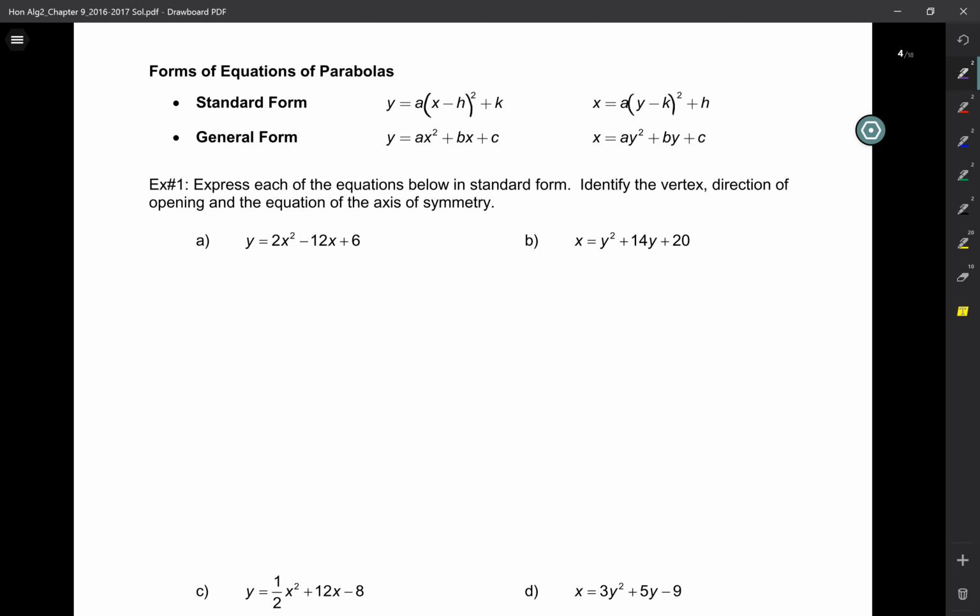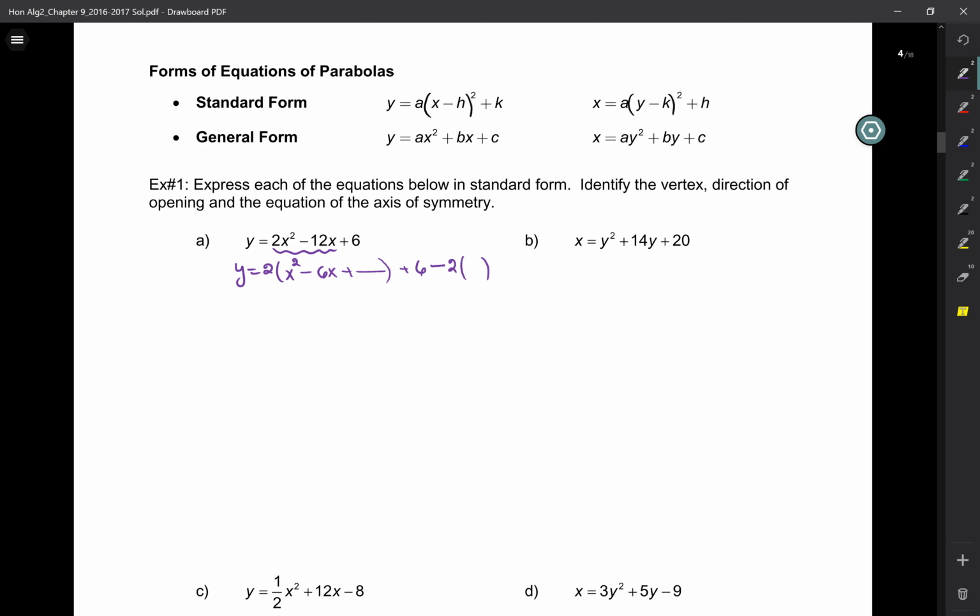Here it's y equals. I'm going to lump the terms with the x's together, so I'm going to factor out a 2. So it'll be 2 times (x squared minus 6x plus a number) plus 6, but because it's on the same side, minus 2 times that number.